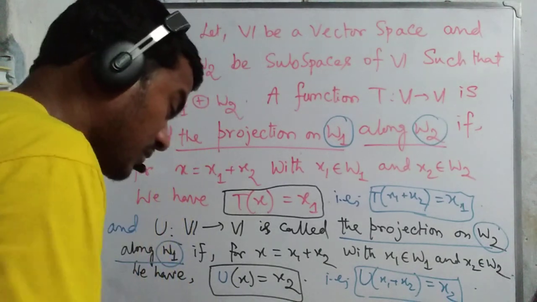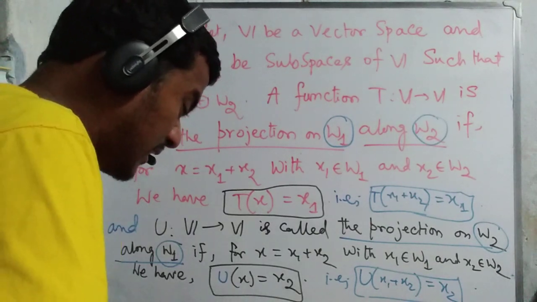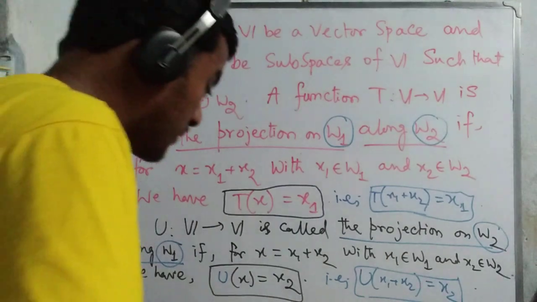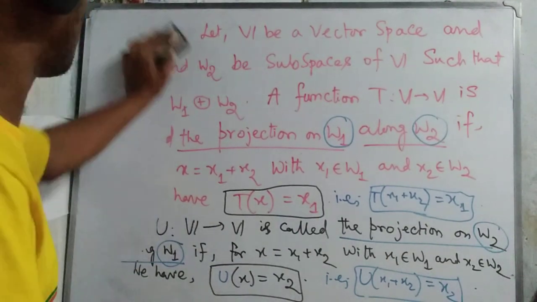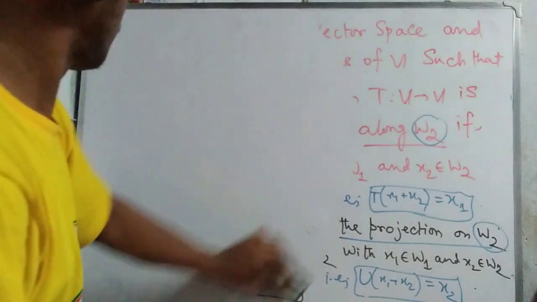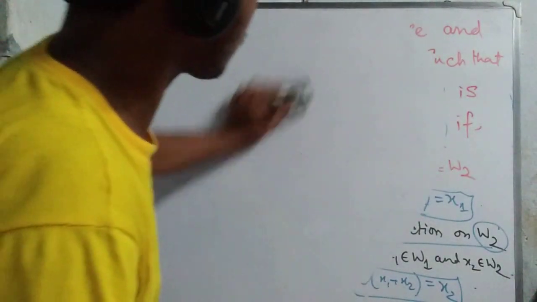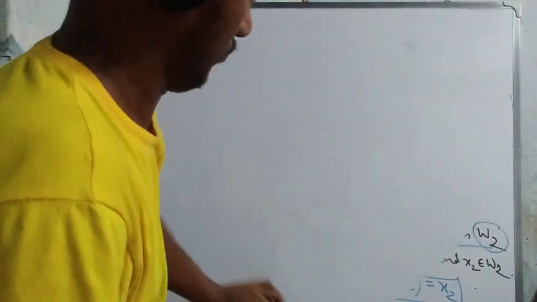Then we also go to the definition of another topic, T-invariant subspace. We erase that portion and go to further discussion of that. Here we write T-invariant.